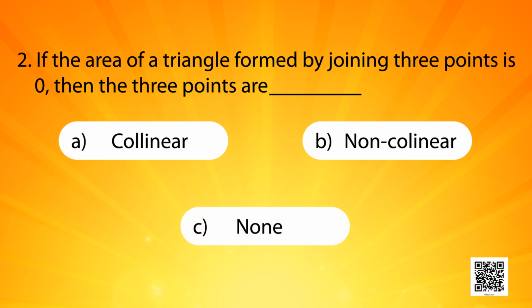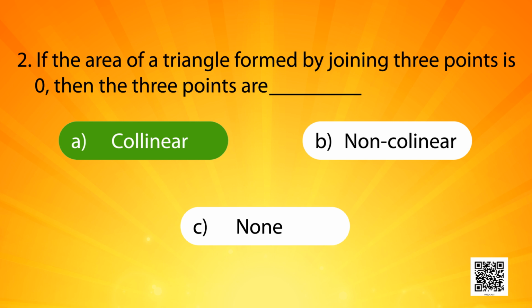Now students, think: if the area of a triangle is 0, it means that the 3 points are on the same line, as they were not able to form a triangle. And if the 3 points are on a straight line, that means the 3 points are collinear. So the correct answer is collinear.